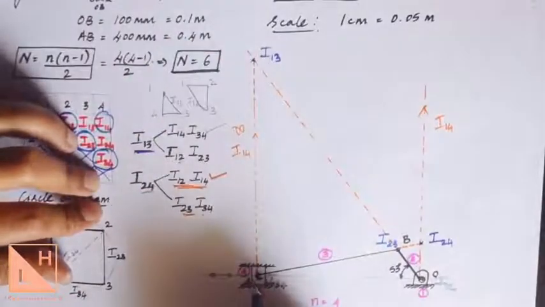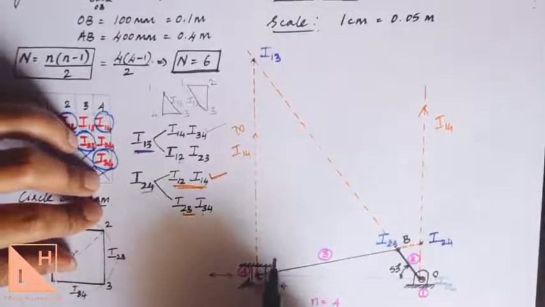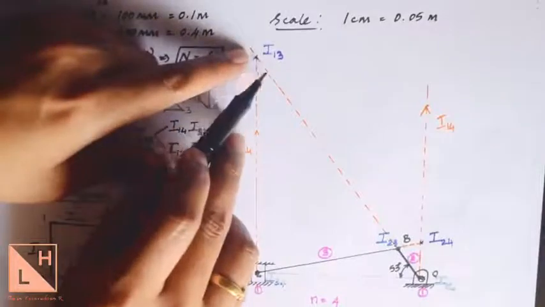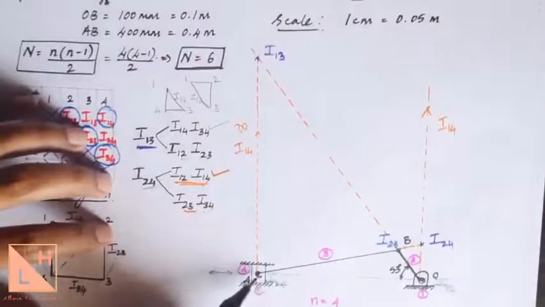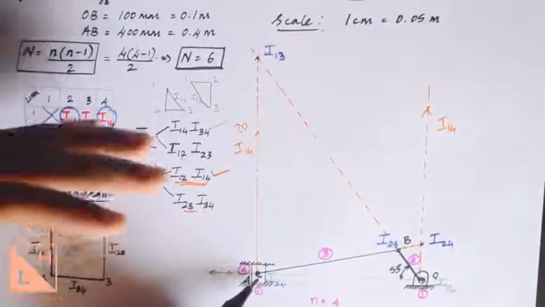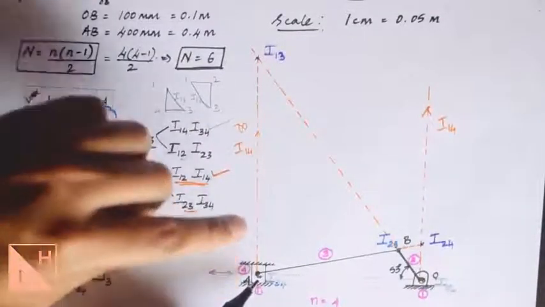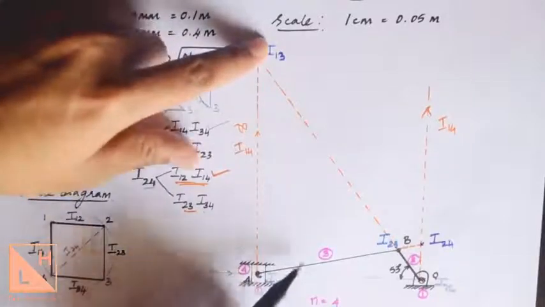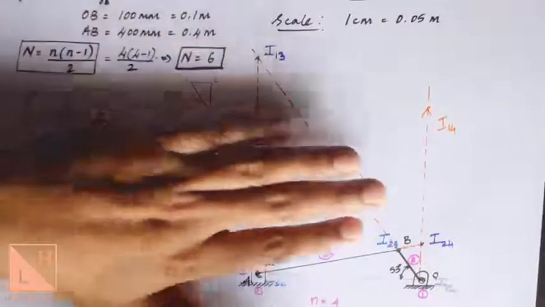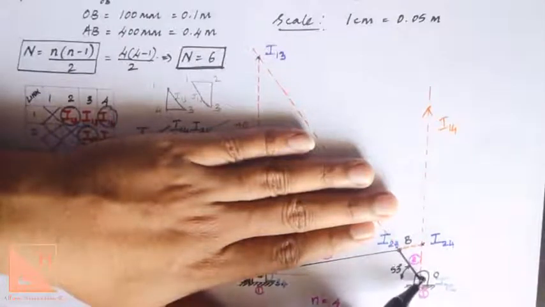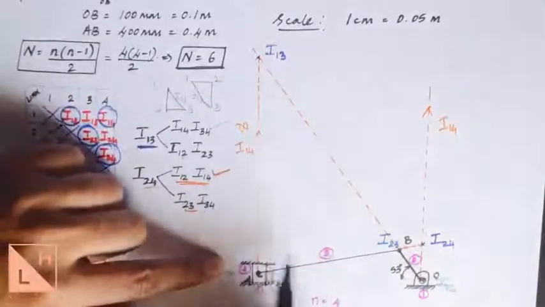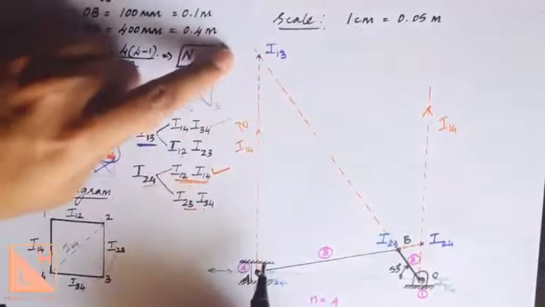So measure this distance of I13 to A, which is going to be useful for us to find out the answers. We can also measure the value of I13 to B, which we can substitute in the formula. So velocity at point A divided by the distance of that point to the center of rotation. So this is the center of rotation for this particular link. When we calculated it for OB, the center of rotation for OB was point O, so we took the distance from B to O. Now for this link, that is the connecting rod, the center of rotation is I13.